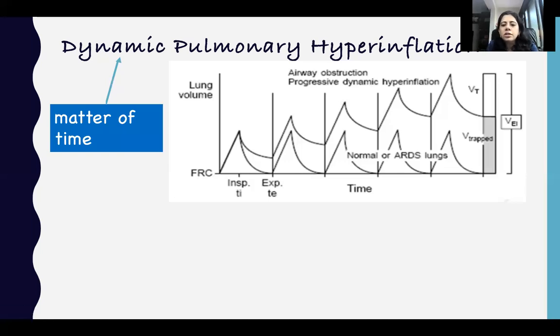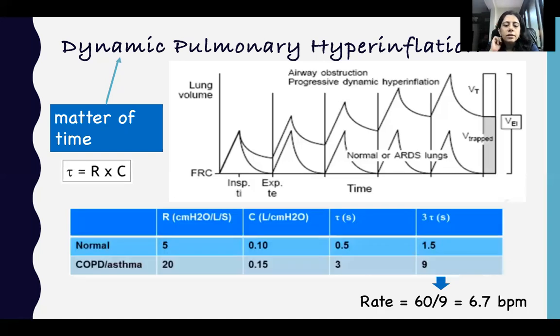Because of this increase in the time constant, the COPD asthmatic lung, as we discussed, will have a time constant of approximately 3 seconds if they have a resistance of 20 and a compliance of 0.15, because both have worsened due to air trapping. So to completely exhale the tidal volume that was inhaled, they will require 3 time constants, which is 9 seconds.